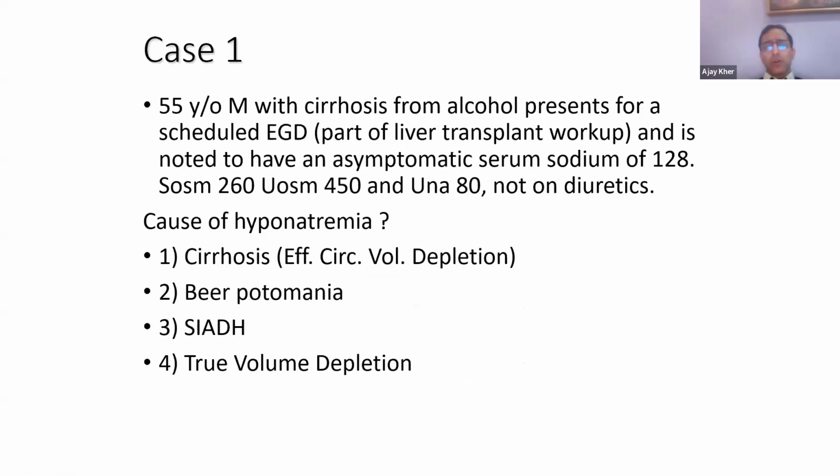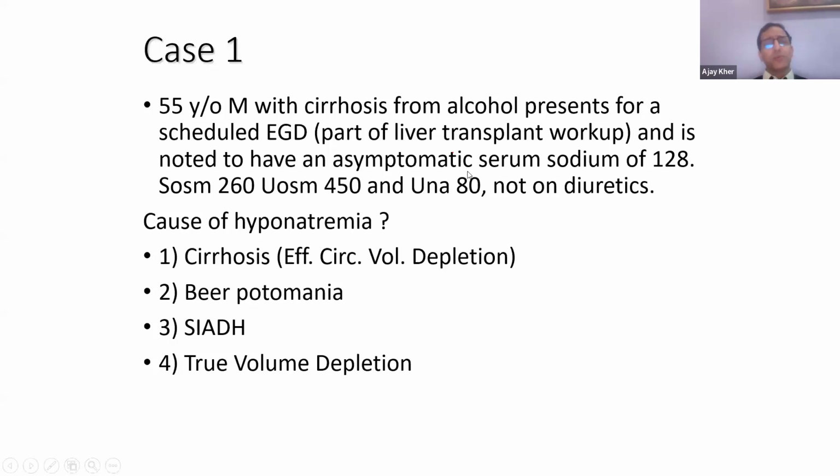So now let's talk about a few cases of hyponatremia, which is the most common electrolyte disorder, and something that is searched most often on UpToDate and most questions asked. So let's look at a 55-year-old male with cirrhosis from alcohol, presenting for a scheduled endoscopy.